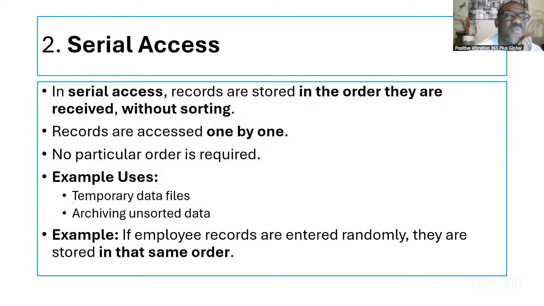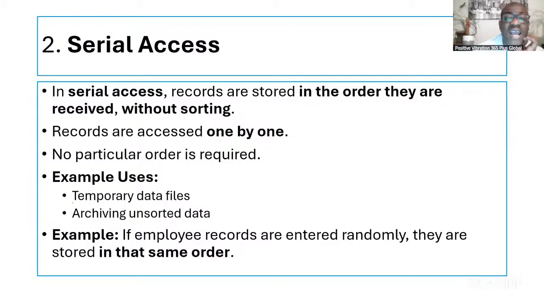Last week I was marking some students' homework, and the student who turned in their homework first was the student whose homework got marked last. Because his is at the bottom and I'm marking from the top, he was the last to get marked. You know what I mean? So with serial, the records are stored in the order they are received without sorting.